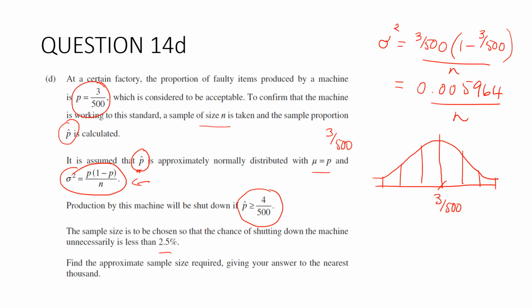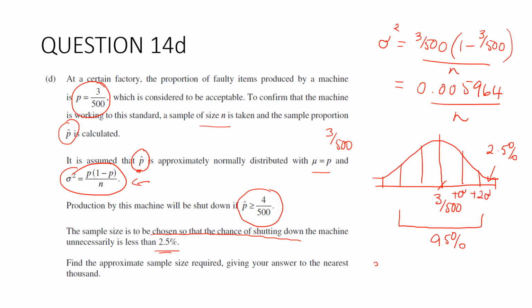The sample size is to be chosen so that the chance of shutting down the machine unnecessarily is less than 2.5%. We know that 95% of data in a normal distribution lies within 2 standard deviations of the mean. So this little bit here is 2.5%. So this is one standard deviation, and here's the second standard deviation.